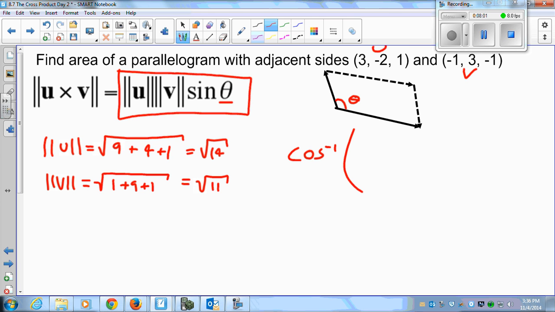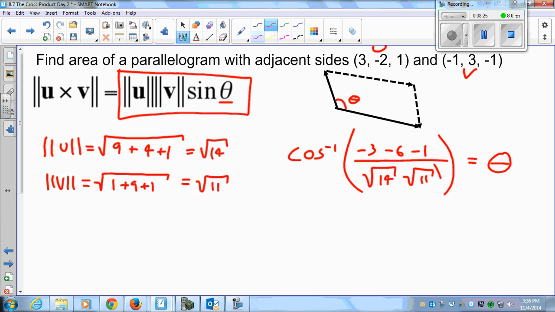So my dot product is going to be 3 times -1, which is -3, -2 times 3 is -6, and 1 times -1 is -1, over the square root of 14 times the square root of 11, and this is equal to my theta. Okay, so simplifying this out, I get inverse cosine of -10 over the square root of 154.